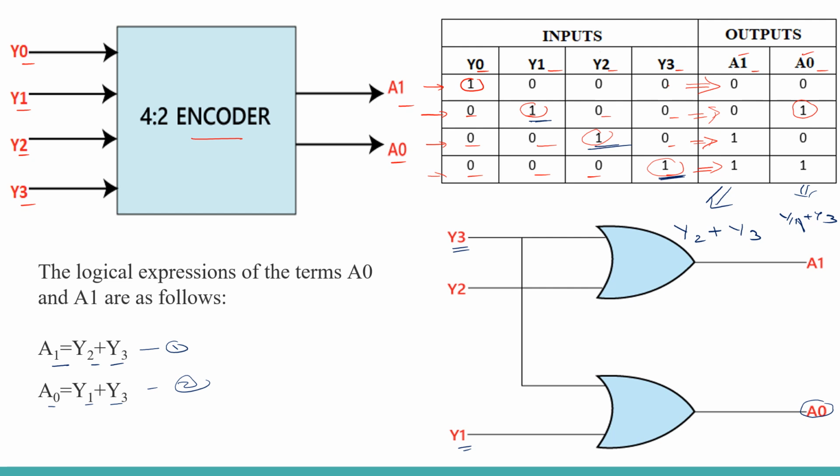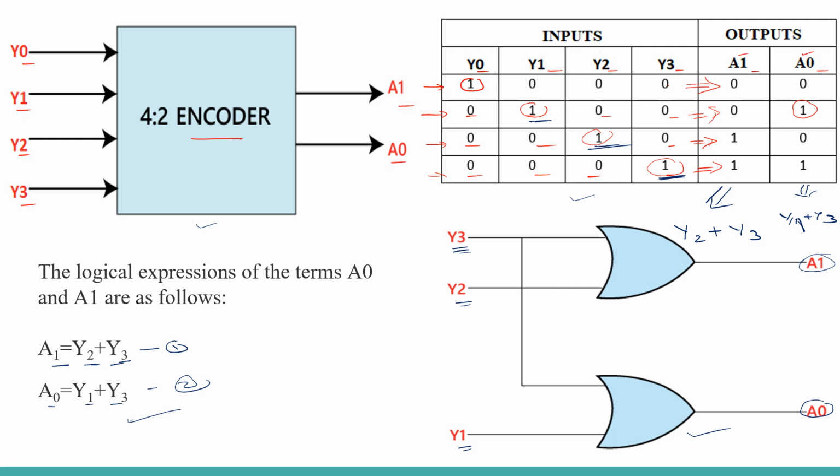Next, A1 is the addition of Y2 and Y3, so therefore it is A1. So the first diagram indicates the block diagram, the second one is the truth table, the third one is the logical expressions, and the fourth one is the design diagram.